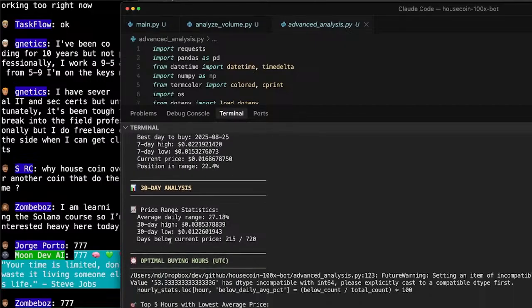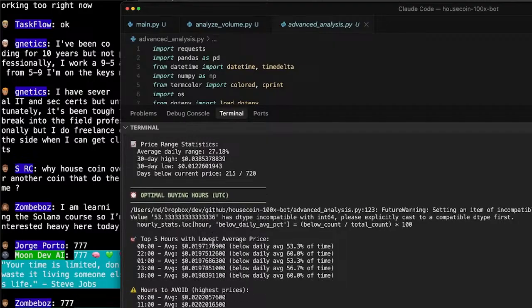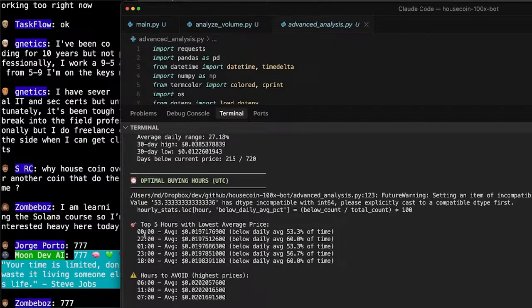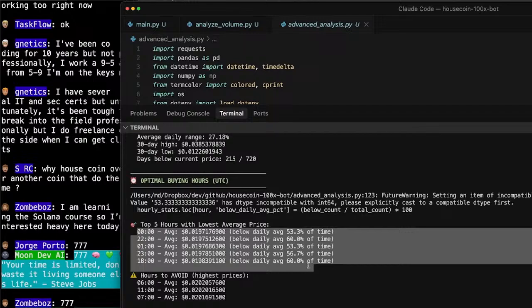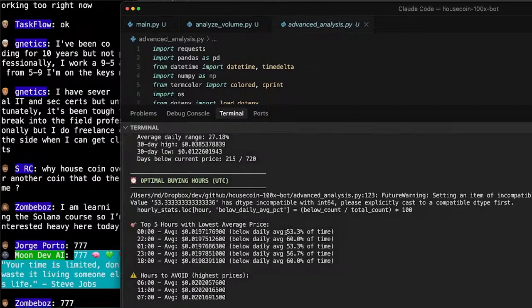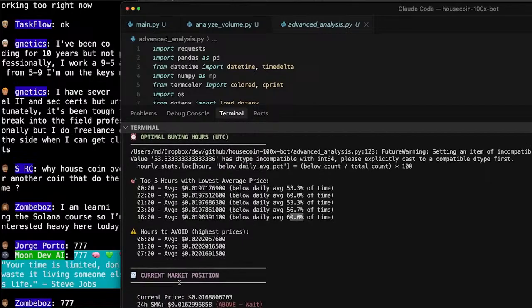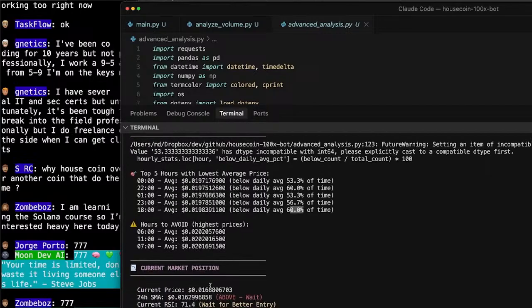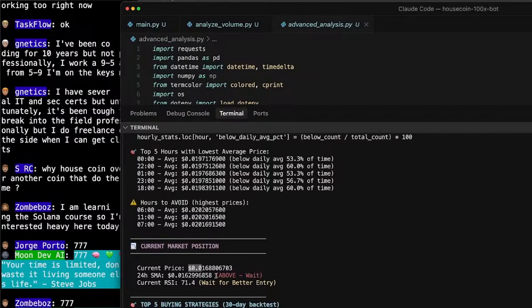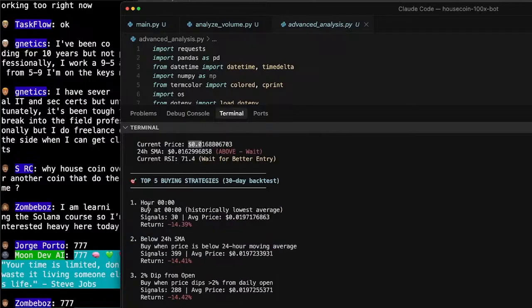So, price range statistics. Okay. 30-day analysis, optimal buying hours, UTC. Below daily average 53% of the time, 60% of the time at that hour. Hours to avoid: 6, 11, 7. Current market position: current price is 0.0168, 24 SMA above. Current RSI. Top 5 strategies here.